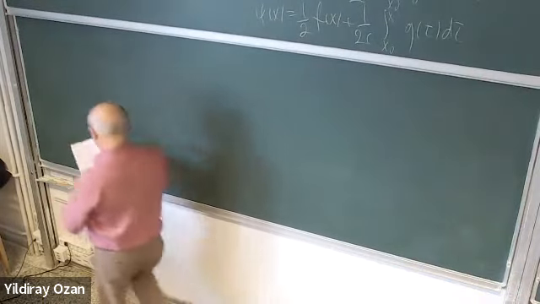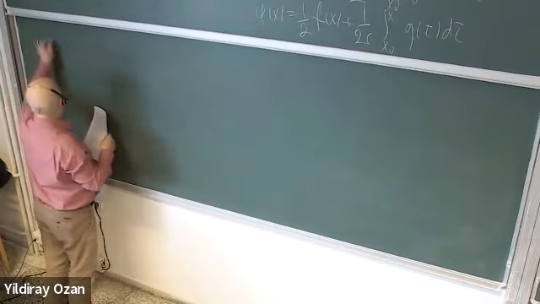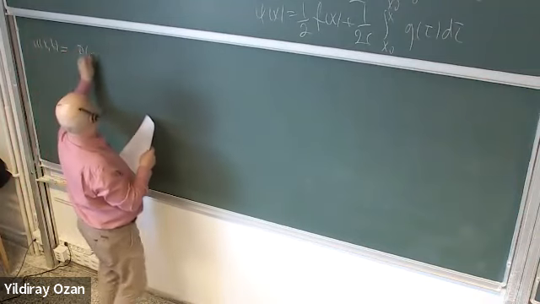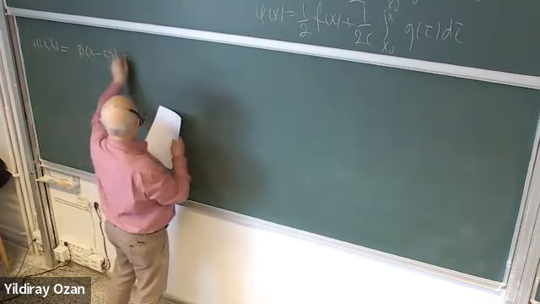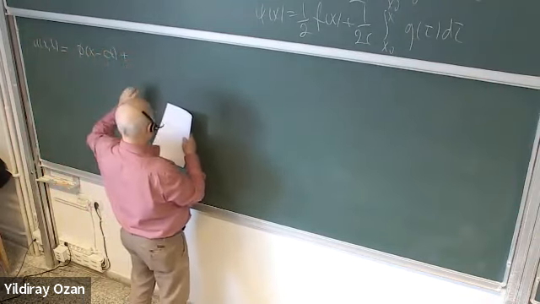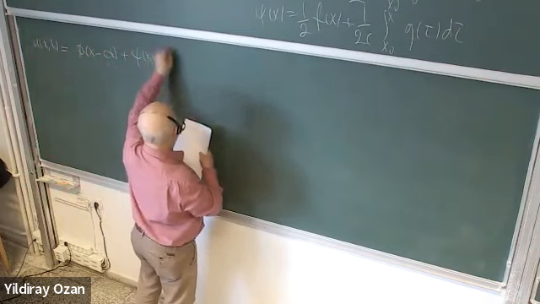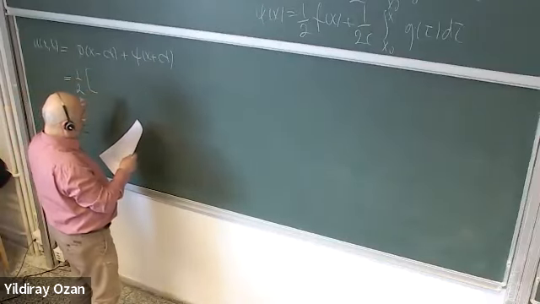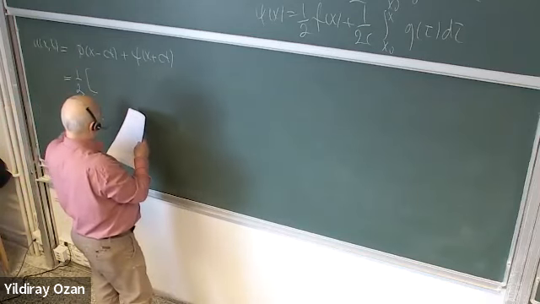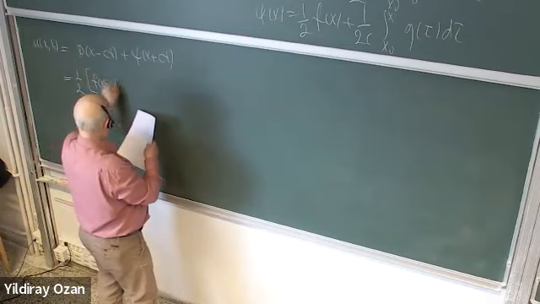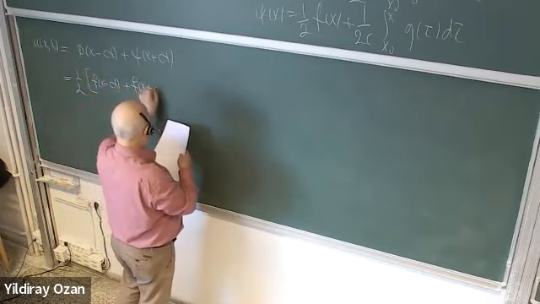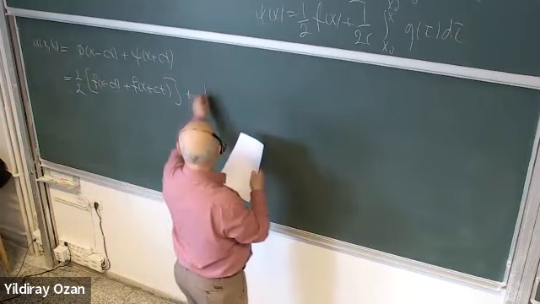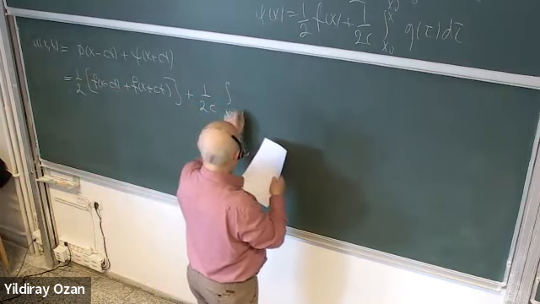So we have then the solution u(x,t), which is just phi(x minus ct) plus psi(x plus ct), and that is equal to 1 over 2 f of (x minus ct) plus f of (x plus ct), and then plus 1 over 2c times the integral.